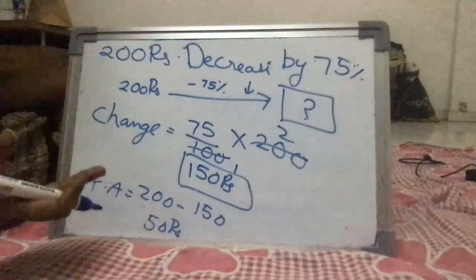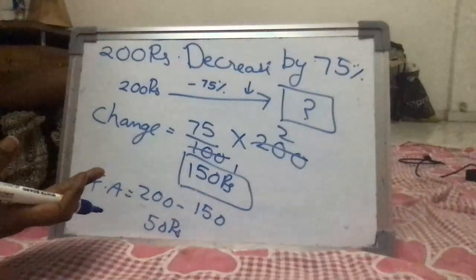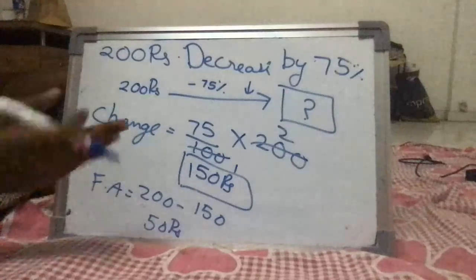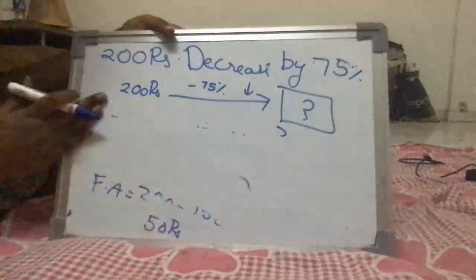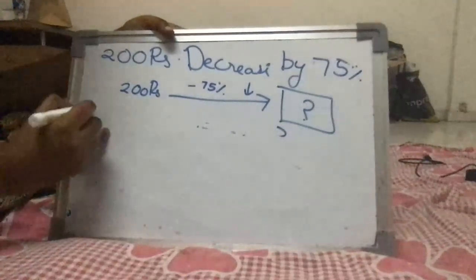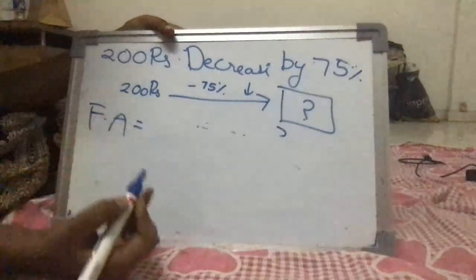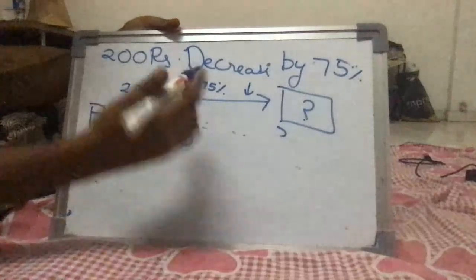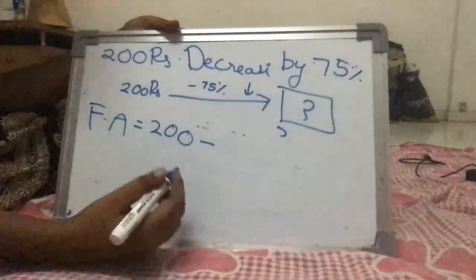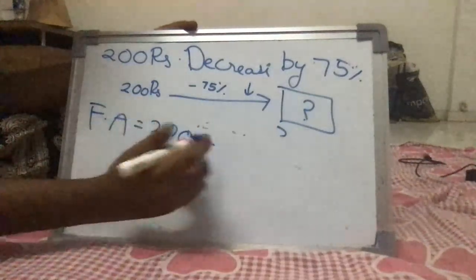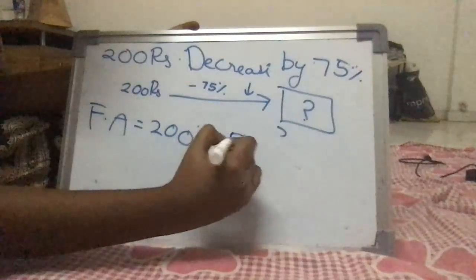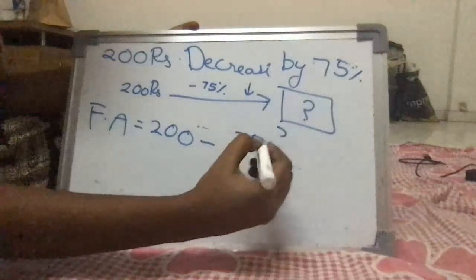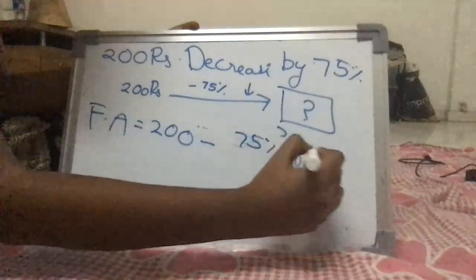Okay, there is a direct way of solving this also. Instead of a two-step process, I can just say my final amount, from the original amount, if it is decreasing, it's a subtraction. If it's increasing, it's an addition. From 200, I have to remove 75 percent of 200.